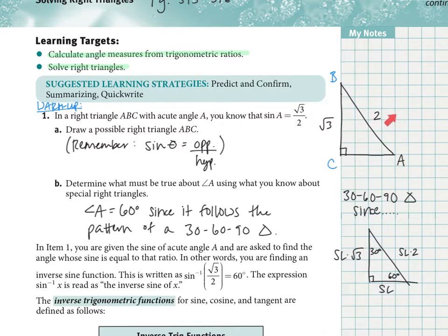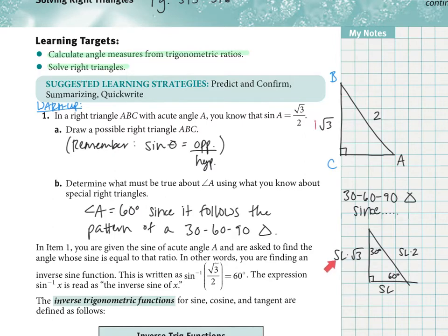So let's think about this. We know acute angle A; this is the side that's opposite from it, and that's the hypotenuse. Okay, well, what if we created our triangle and modeled it off of here? Let's say we knew exactly what our long leg was. We do, it's square root of 3. Remember, there's an imaginary number 1 in front of that.